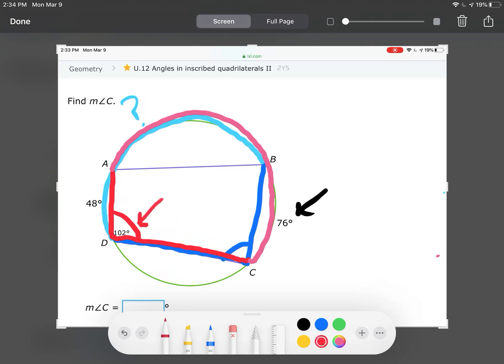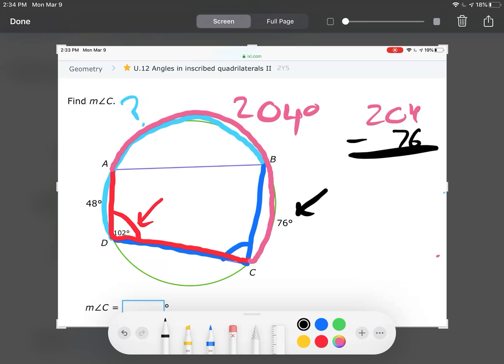So if you take the 102 here and you multiply it by 2, that'll give you 204, the entire length of the light red arc. Then you take the 204 and you subtract the 76, well, if you subtract the 74, you would get 140. We're subtracting 2 more, so you're getting 138. So 138 is this part that I'll color in green.